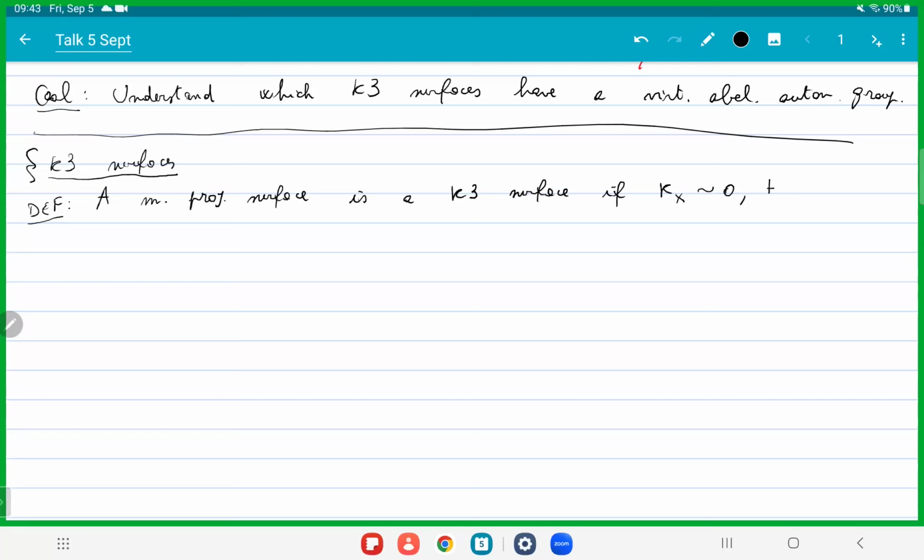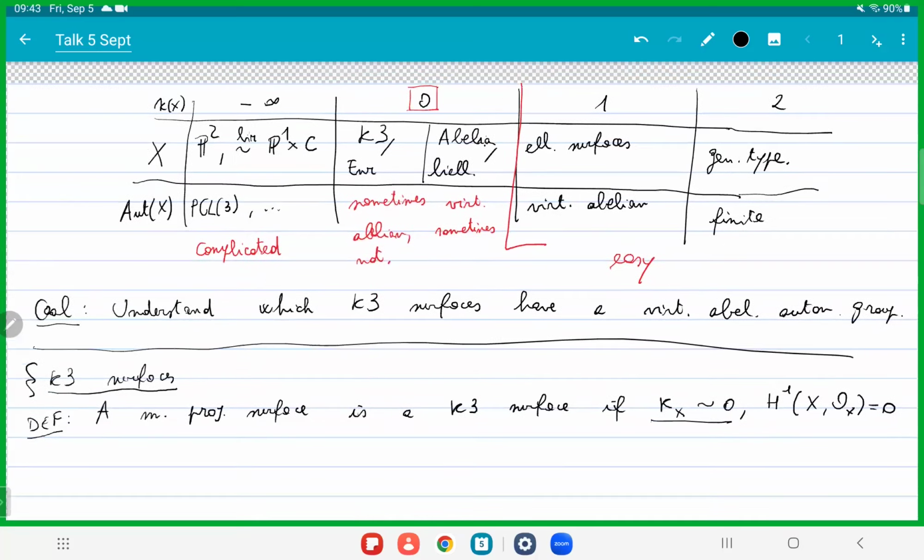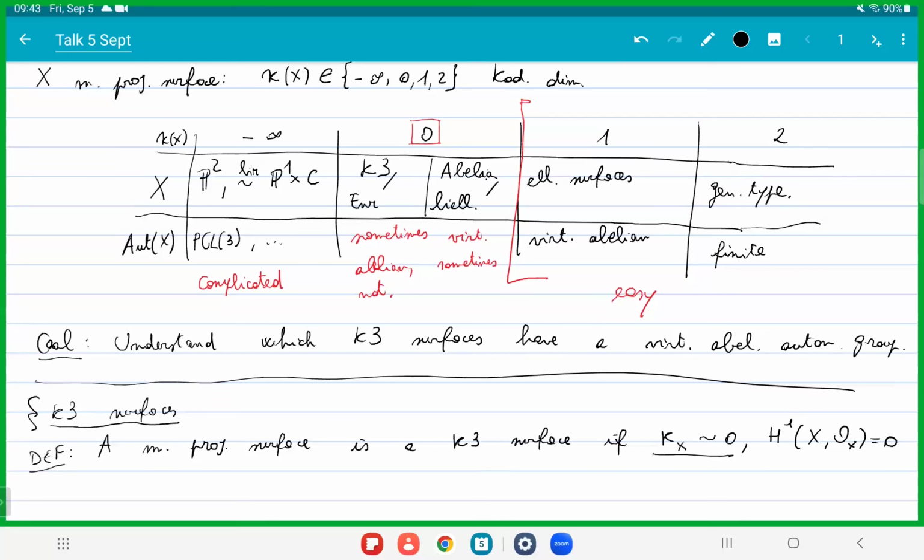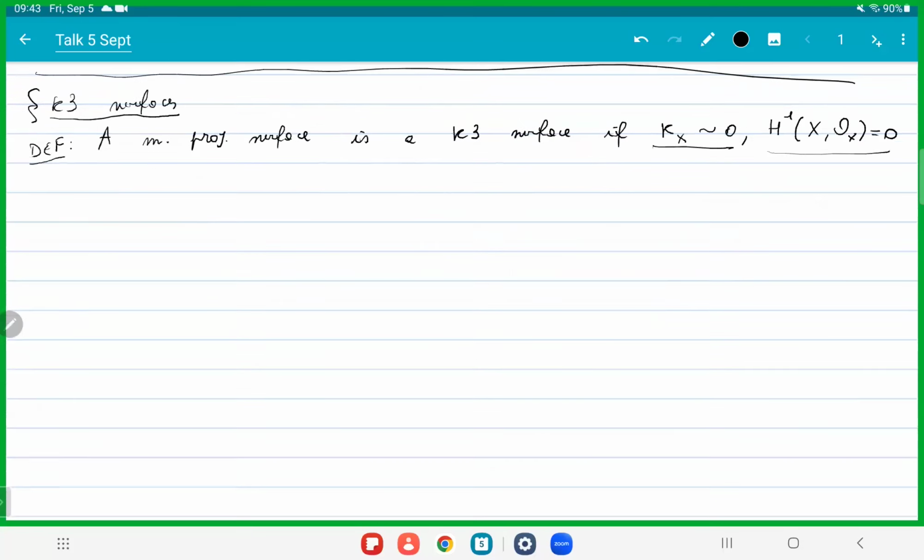And we also want H1 of O_X to be 0. So they are K-trivial, so they have trivial canonical bundle, and actually we saw it in the table before. There are exactly two classes of surfaces with trivial canonical bundle. We have K3s and abelian. The second property, that H1 is 0, just singles out K3 surfaces.